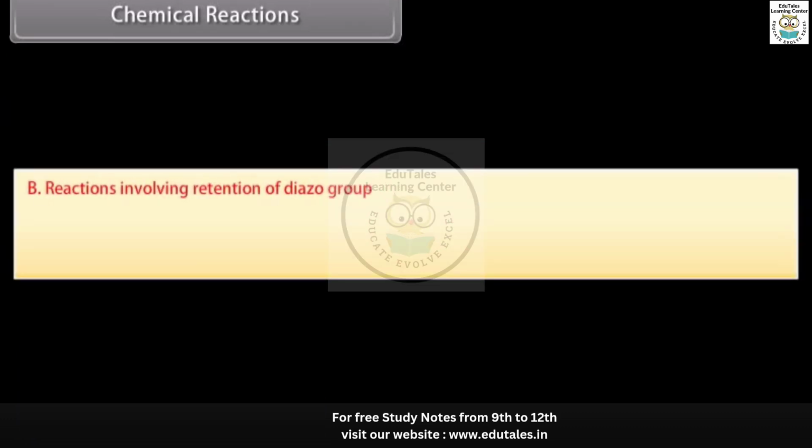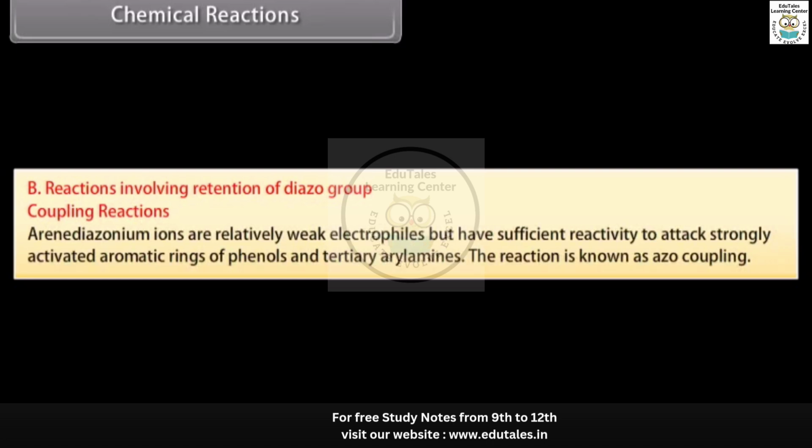Reactions involving retention of diazo group. Coupling reactions. Arene diazonium ions are relatively weak electrophiles but have sufficient reactivity to attack strongly activated aromatic rings of phenols and tertiary arylamines. The reaction is known as azocoupling.